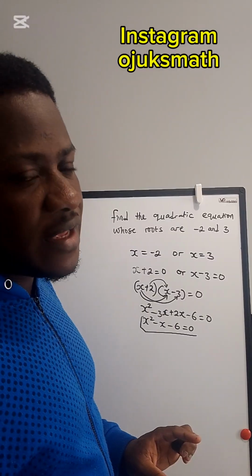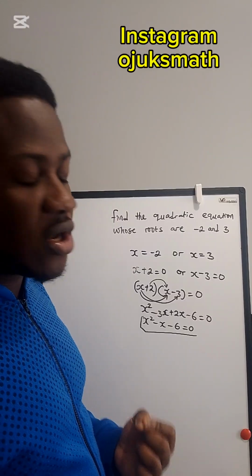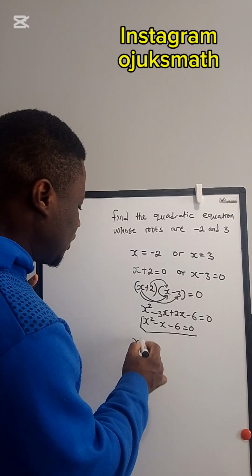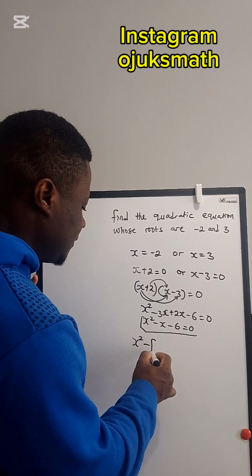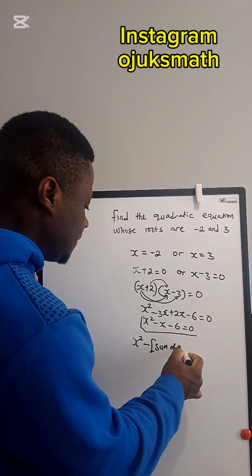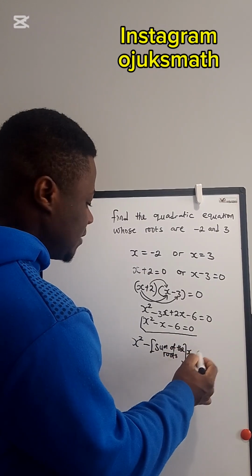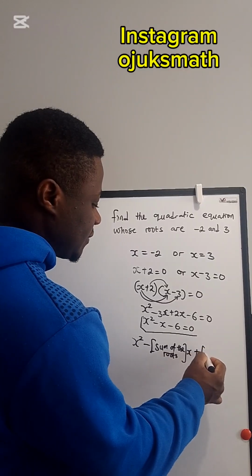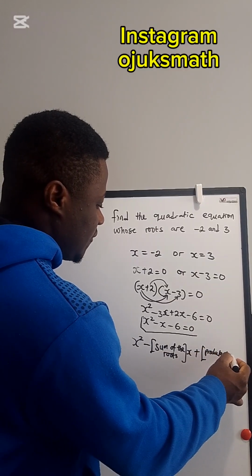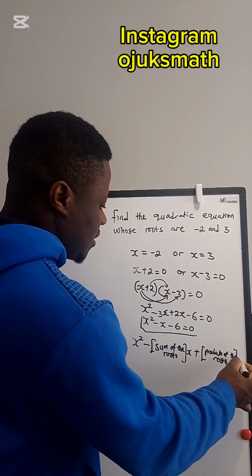Alternatively, very easy. If we recall the general form of a quadratic equation, it is of the form x squared minus the sum of the roots, x plus the product of the roots equals 0.